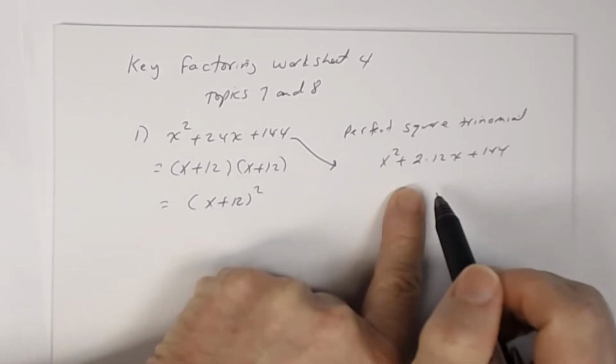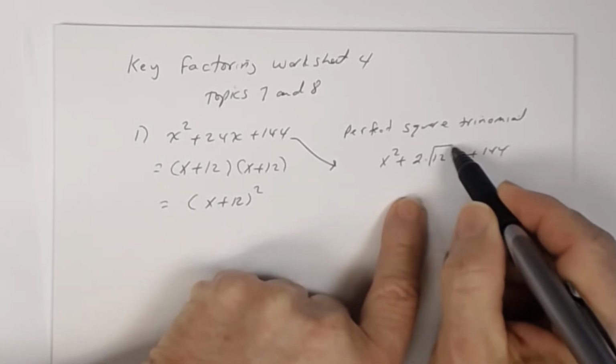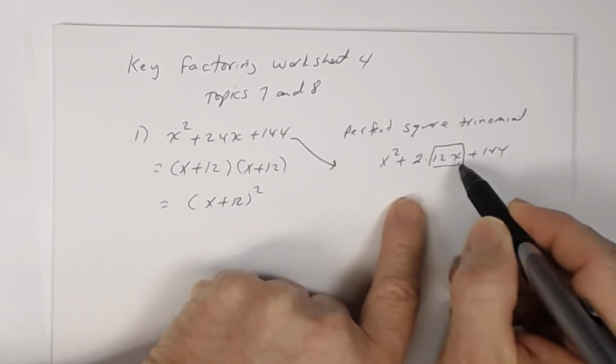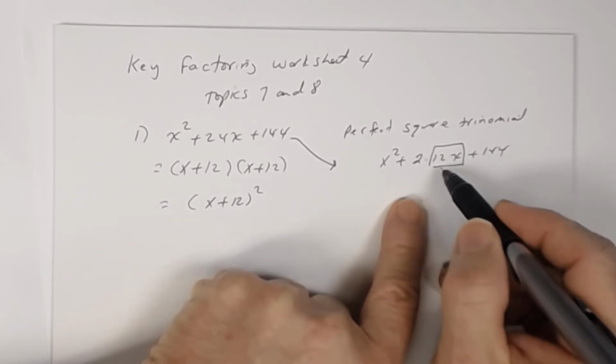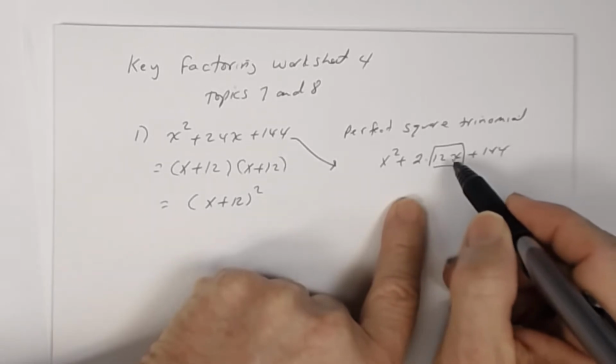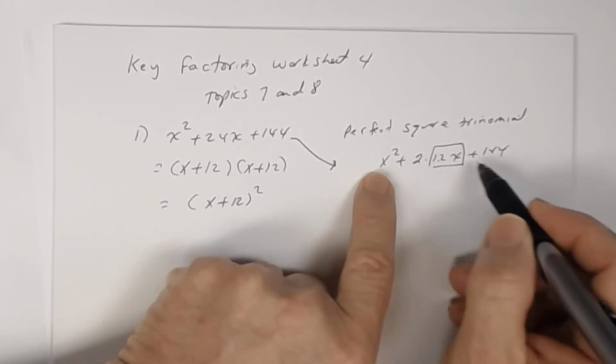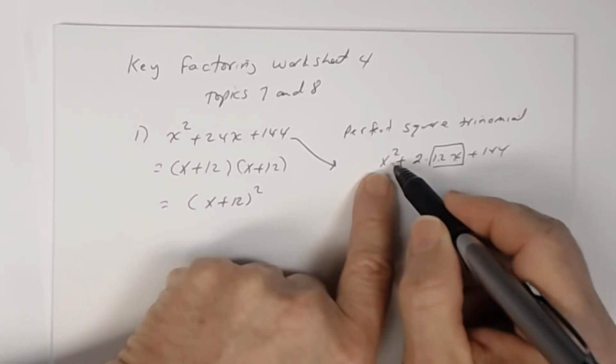So a perfect square trinomial will always have that form. It will always be 2 times some factor, and when you square each factor of what I have boxed off, you get the first term and the last term. In other words, 12 squared is 144, x squared is x squared.